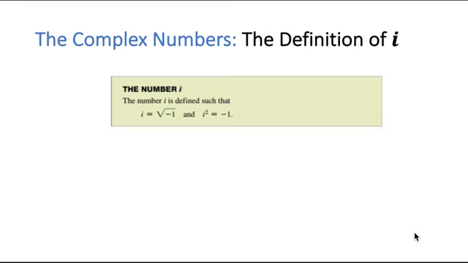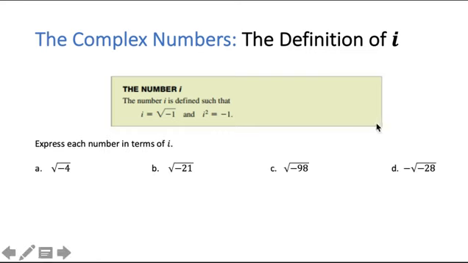And we're defining that as the number i, which is an imaginary number. Now, if i is equal to the square root of -1, then it follows that i squared, by definition, has to be equal to -1. So the square root of -1 times the square root of -1, which would be i squared, is going to also be equal to -1.